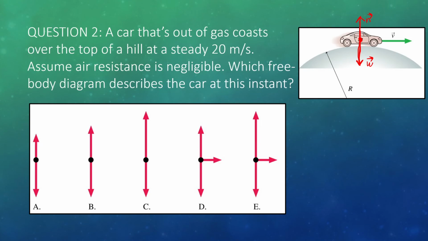Still, even though we just did the last problem, students still like to put a force forward. But again, that is not true. There's nothing physically propelling the car forward, especially in this case when it's just coasting along the ground. So all we have is the normal force up and the weight down.